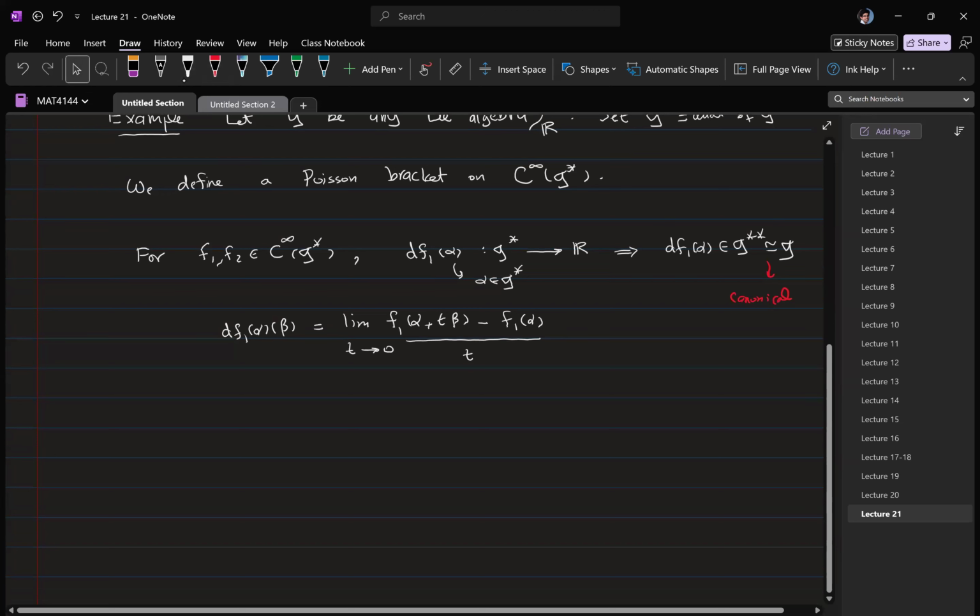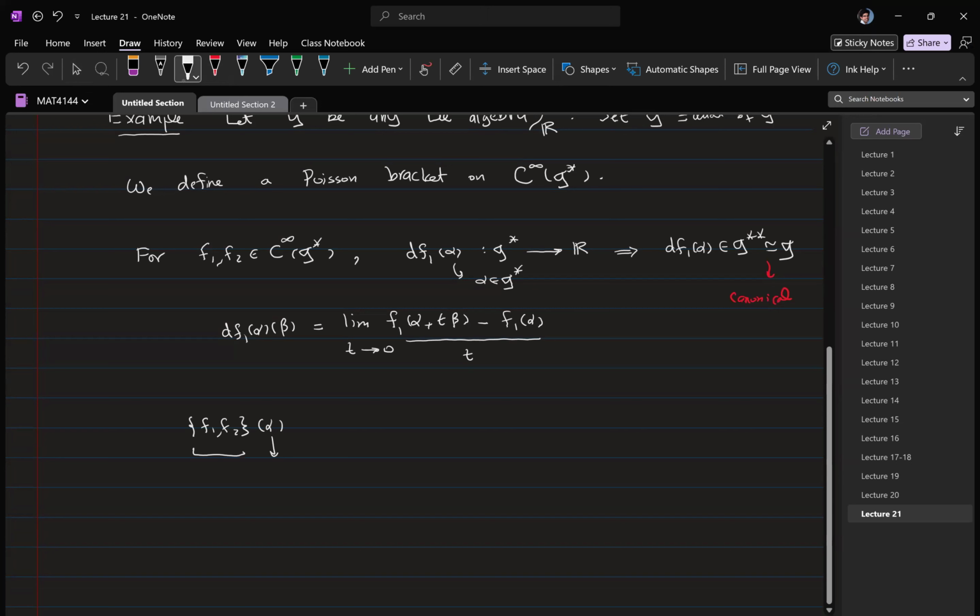So now what I do is I define the Poisson bracket of f1, f2 at the point alpha. So remember, again, this should be a function on G star, so I should evaluate at some alpha coming from G star. All right?